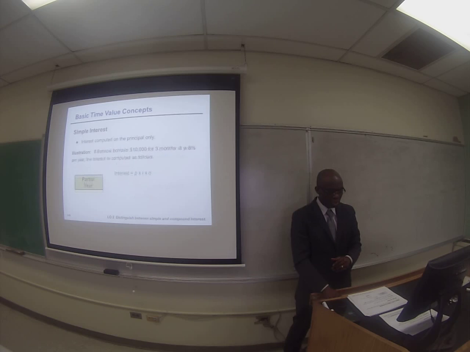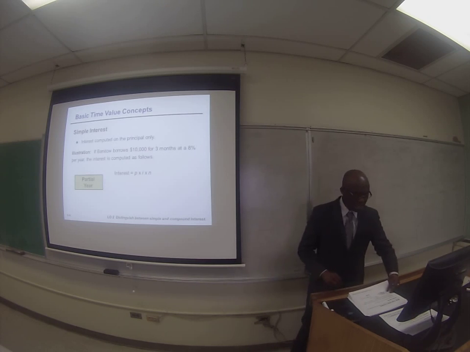That is simple interest. Now, still talking about simple interest, how about a situation whereby we are dealing with a partial year? So in this case, the $10,000 is borrowed over 3 months at 8% per year.